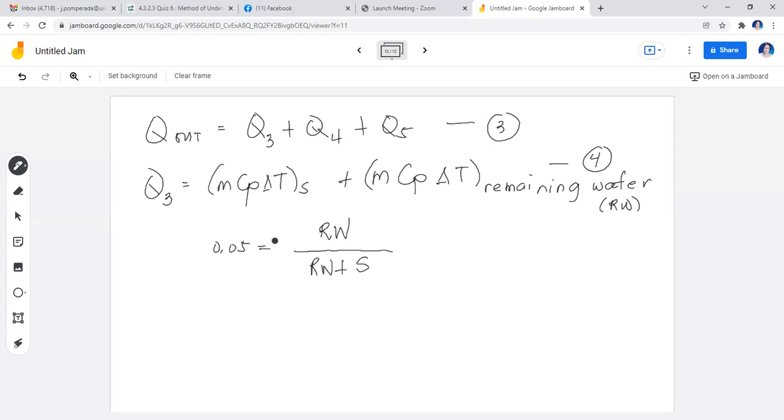So I'll get now the remaining water. Okay, so you have 0.05. I have remaining water over remaining water plus solid. What is this solid? We know it. It's supposed to be the only thing that will remain unchanged in this entire process. The dry solid and the dry air. So you'll have 0.125. This is the rate of our feed. We will multiply it with 0.6 because our feed is 40% moisture. So meaning 60% of that is dry.